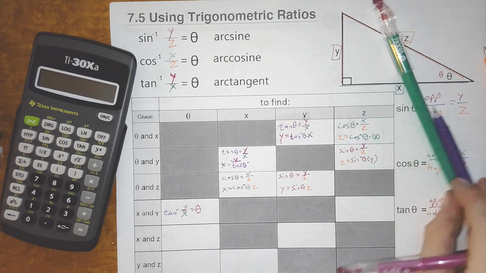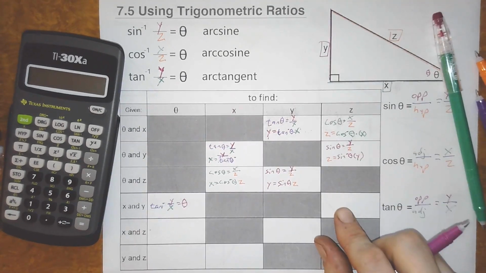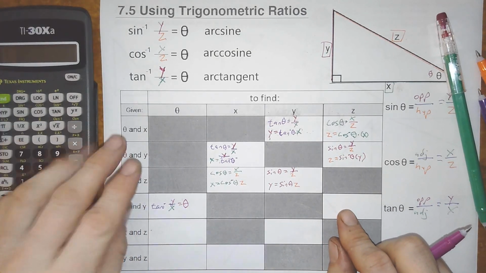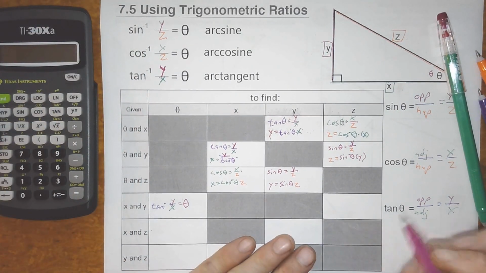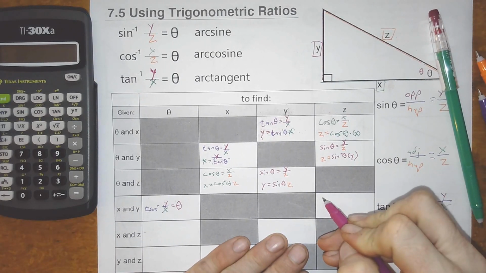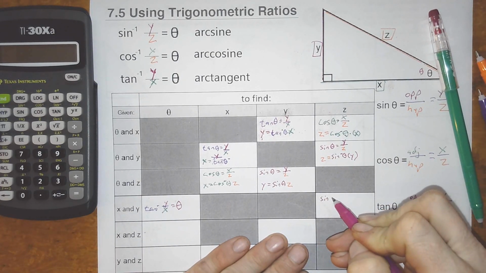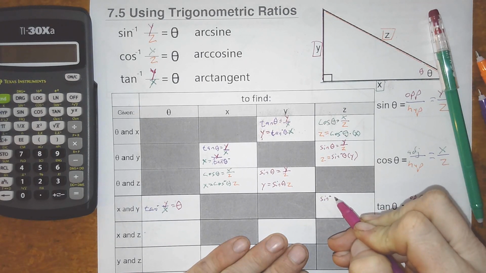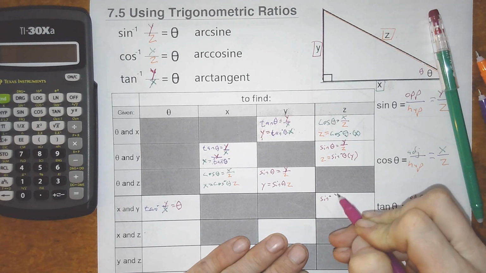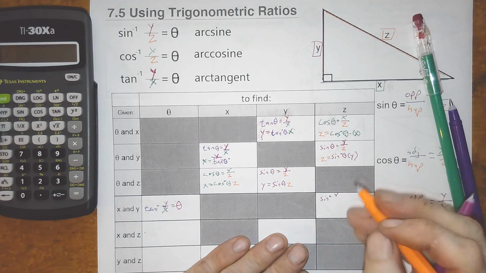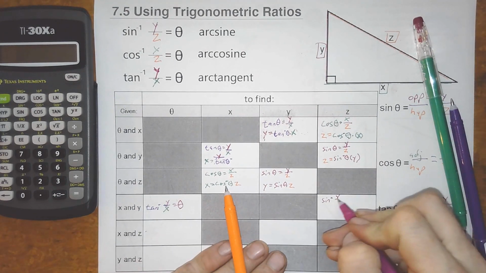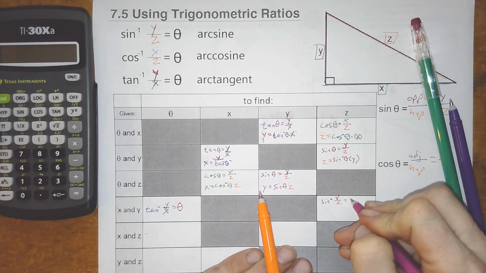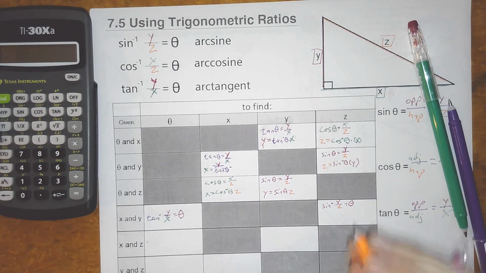Okay? So what is z? Well, if I want to figure out z, I have theta. I can use sine or cosine. Right? And I can say the arc sine of y over z equals theta, once I figure out theta, right?